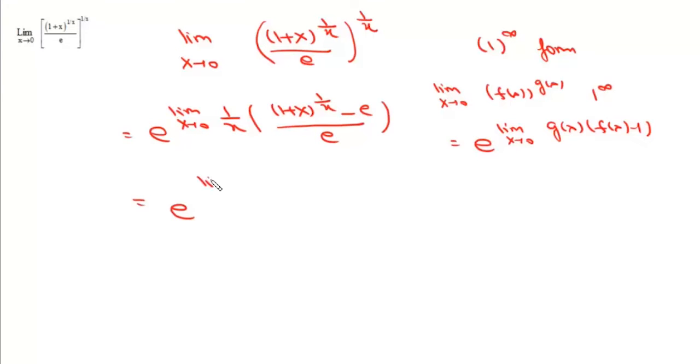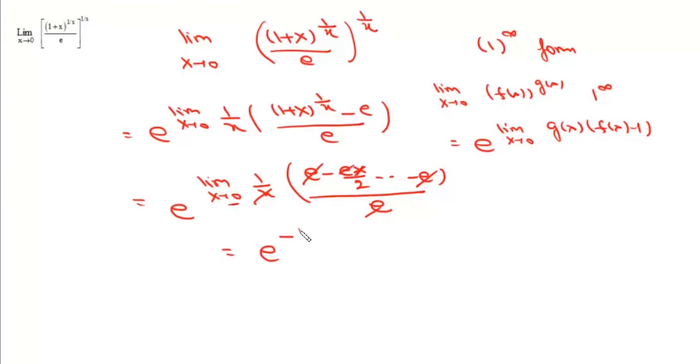Now we can write this as this limit x tends to 0 1 by x. We'll use the expansion of 1 plus x to the power 1 by x. It is e minus ex by 2 minus e upon e. Now this e and e will cancel, ex will also cancel, and when we put x as 0, higher powers will cancel. So value of this limit will be e to the power minus 1 by 2.